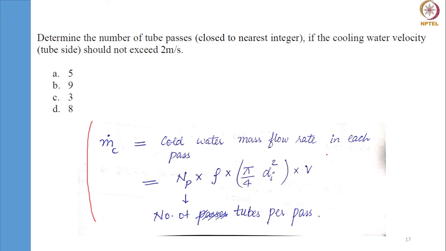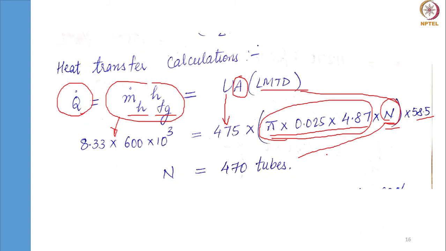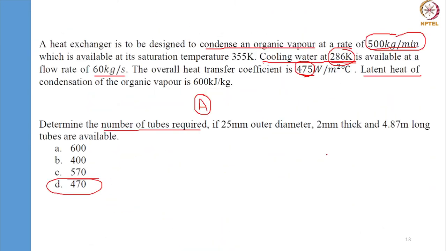Can you please go back to the statement slide? This one. Is density given? Density of water, you can take it as 1000 kg per meter cube if you want. Thickness is already given, 2 mm thick, and 25 mm OD.